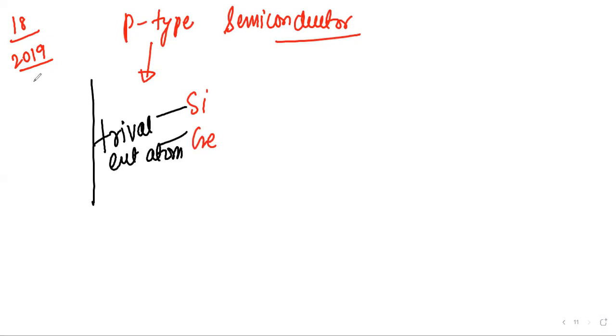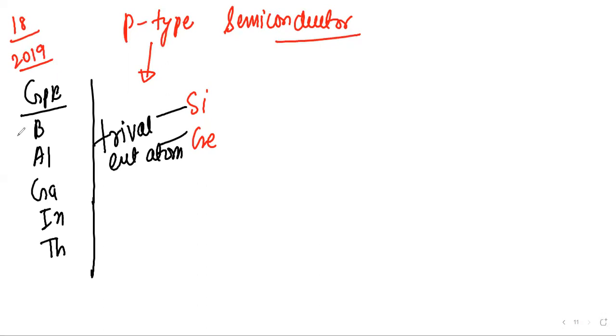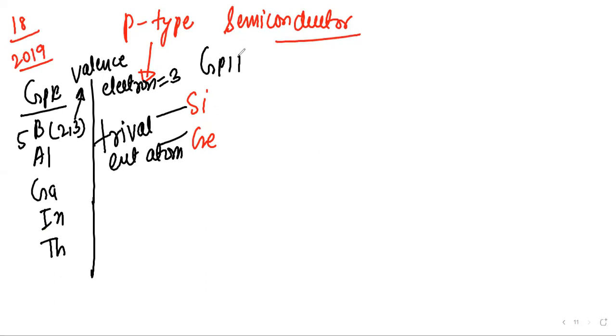So it is your group 13, like it starts from boron, aluminum, gallium, indium. So atomic number of boron is 5, so its electronic distribution is 2, 3. So its valence electron is 3. And silicon comes under group 14.